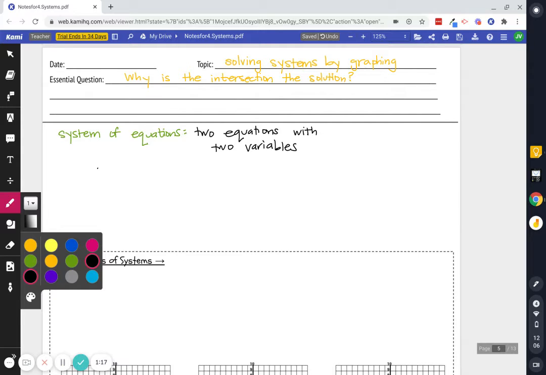The solution to a system is an ordered pair (x, y) that plugs in nicely to both equations. In other words, when you plug it in, it works out just fine.